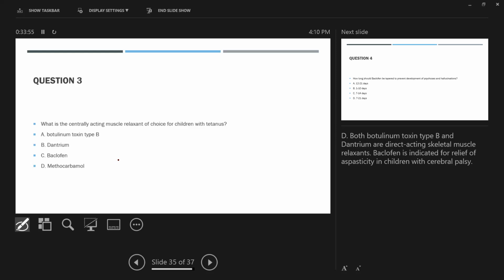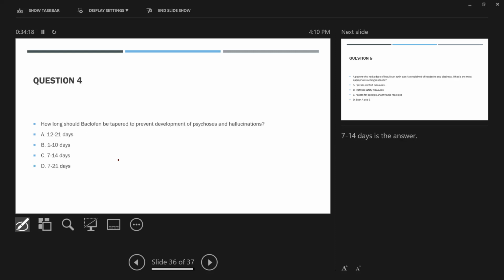The answer is D. Baclofen is indicated for relief of spasticity in children with cerebral palsy. For tetanus, methocarbamol is used. Dantrolene is for upper torso spasm, not tetanus, and botulinum toxin B is contraindicated in kids.